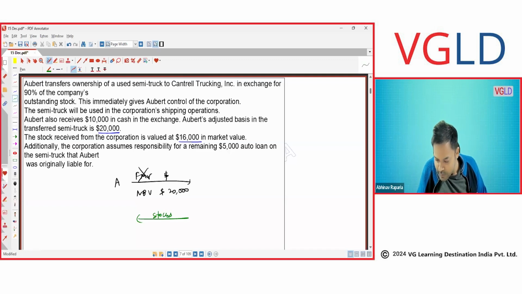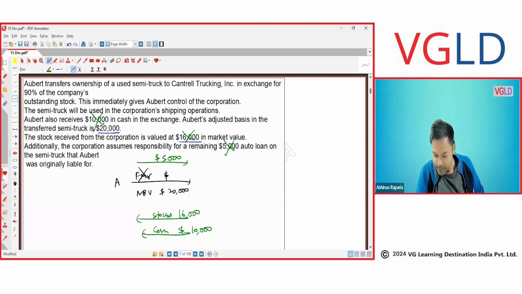The value of the stocks is 16,000. You are also assuming the company is taking over my liability, which is 5,000. Good for me. I'm receiving cash also, 10,000. Now tell me how much is my realized gain?